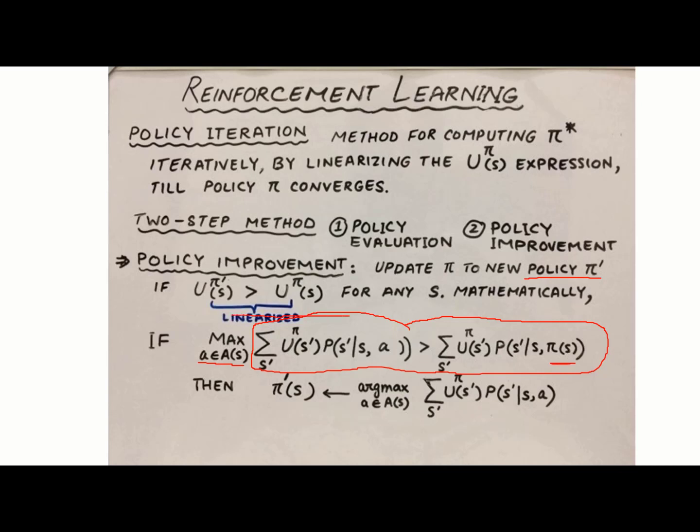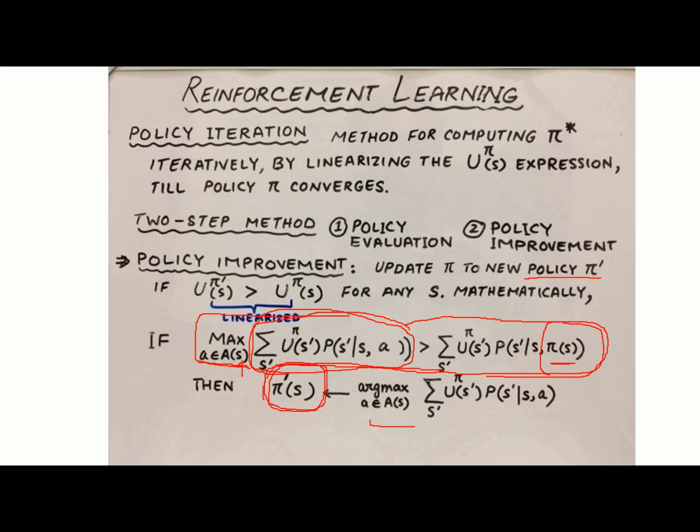So this maximization is over the possible actions one can take in a state s, and if there is an action which increases the expected accumulated reward compared to that which was achievable with respect to the current policy pi of s, then we are going to update the policy for that particular state, that is pi prime of s.